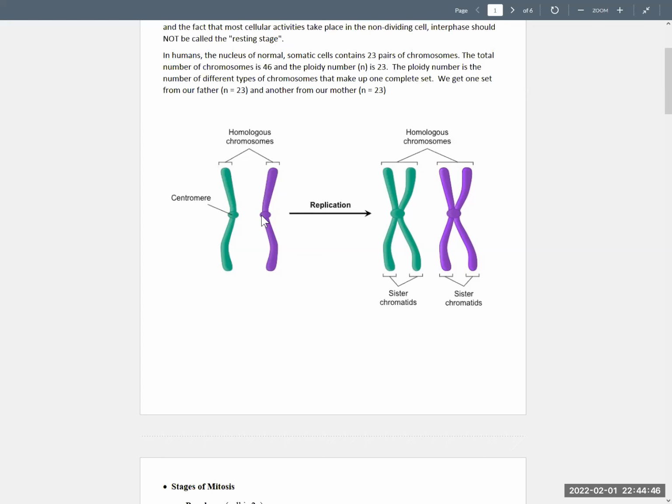The number of centromeres is equal to the number of chromosomes. There are 2 chromosomes here. Here, 1, 2. There are 2 chromosomes over here as well. This is not 4, not yet.